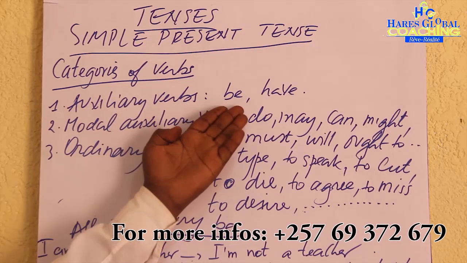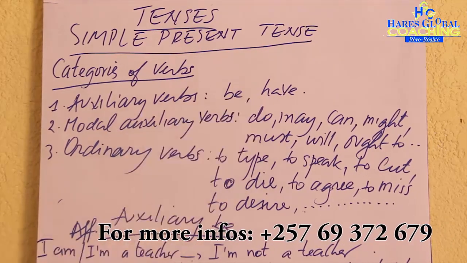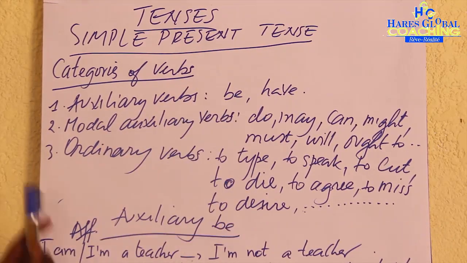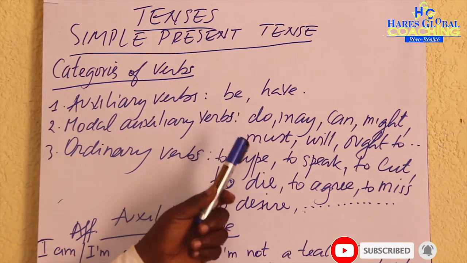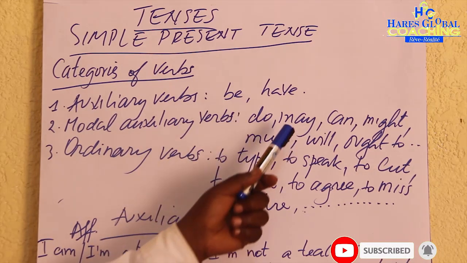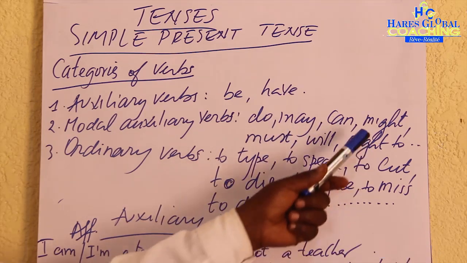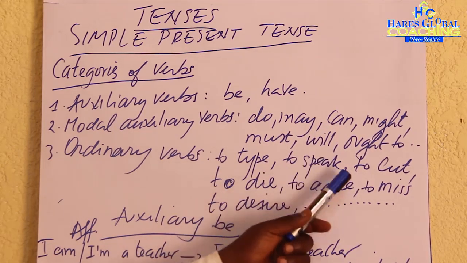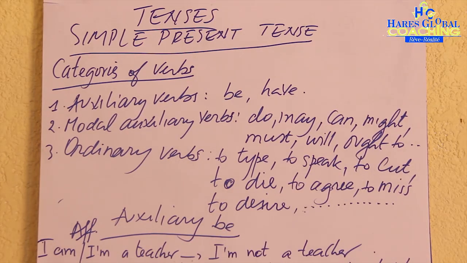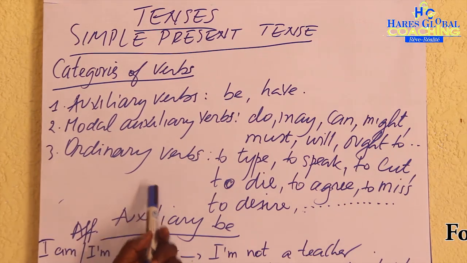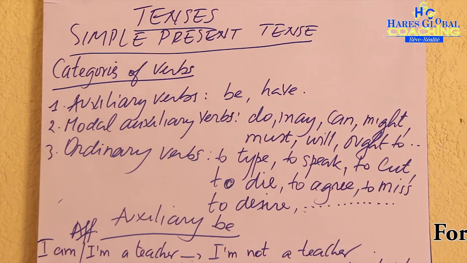Here we have auxiliary be and have. Next, we have modal auxiliary verbs. We have the modal do, may, can, might, must, will, ought to, and others, but there are not many. Next, we have ordinary verbs or main verbs.